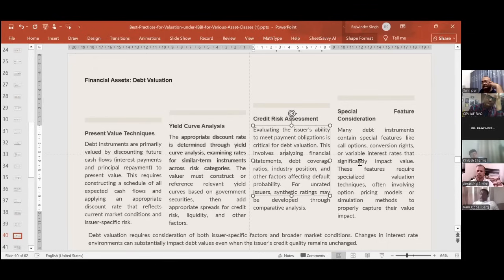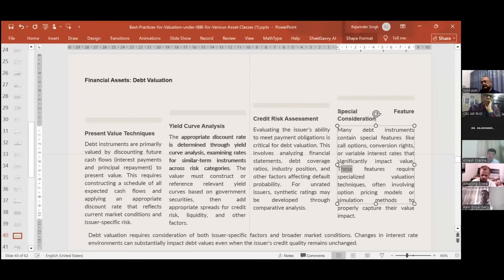These features require specialized valuation techniques, often involving option pricing models or simulation methods to properly capture their value impact. So debt valuation requires consideration of both issue specific factors and broader market conditions. Changes in interest rate environments can substantially impact debt values even when the issuer's credit quality remains unchanged.